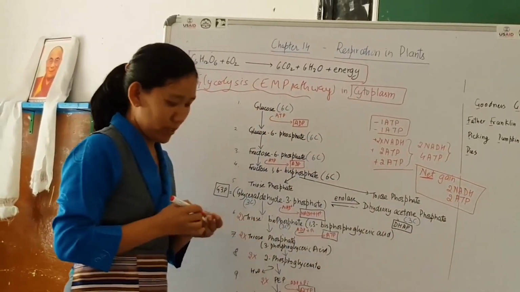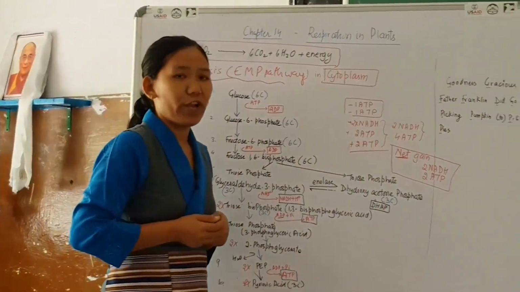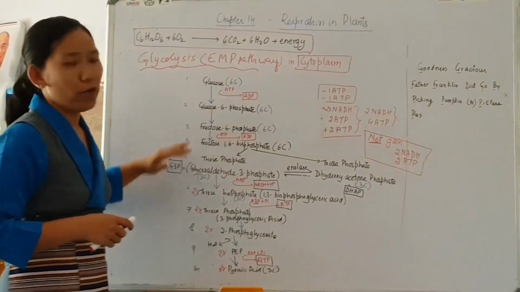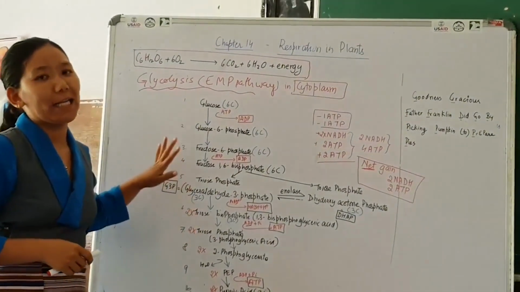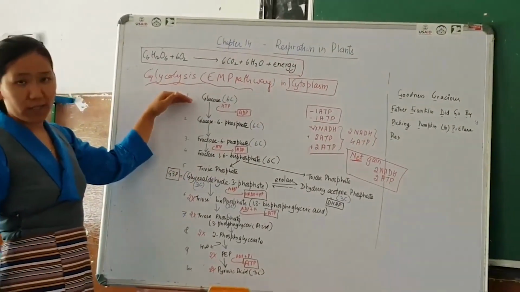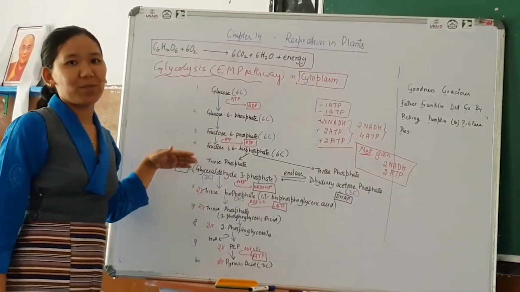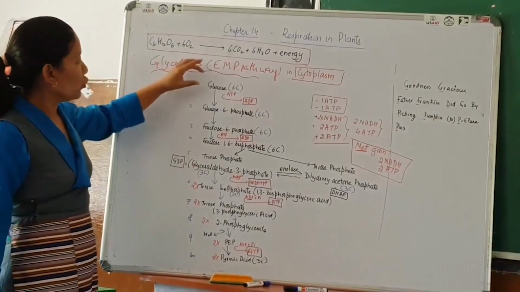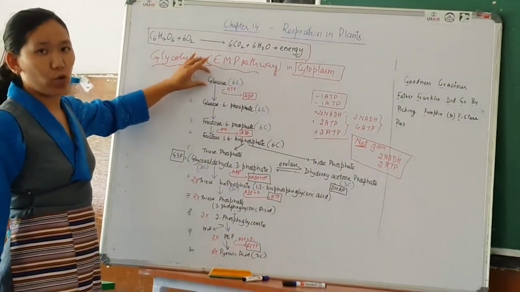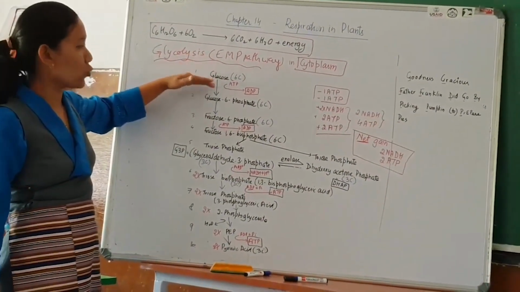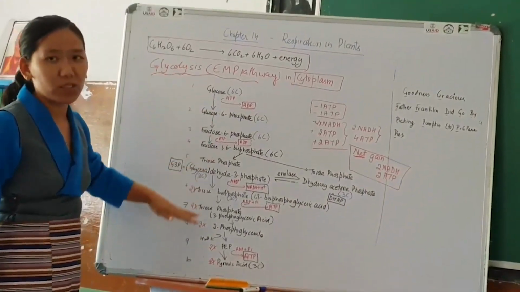Okay, so this is the net gain of energy during the process of glycolysis. Again, glycolysis is not a simple reaction, it is a multiple-step, 10-step reaction. So you need to understand and also you need to know the sequence. It should occur in sequence.